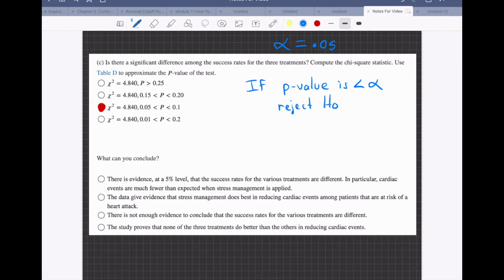So do we have to reject in this case? The p-value is 0.089. It's not less than alpha, right? It is not less. So we don't reject.